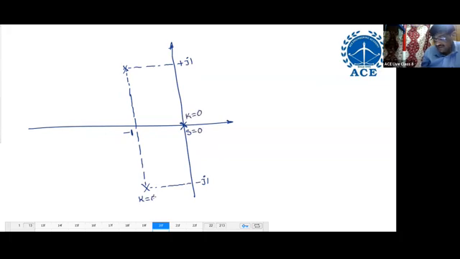K equal to 0. So now come on, draw the root locus.